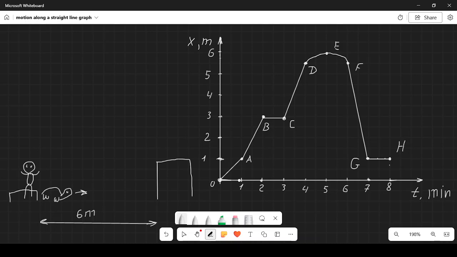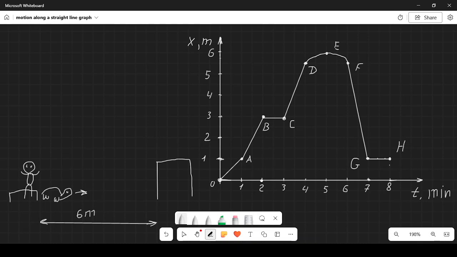The turtle was moving the first minute with the speed 1 meter per minute, and the second minute with the speed 2 meters per minute.